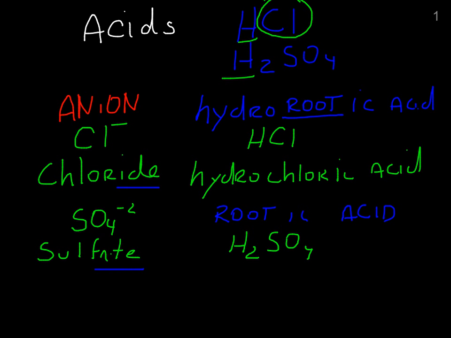It took two hydrogens because the sulfate ion is a negative two and each hydrogen is a positive one, so it will take two. So when I go to name this, this is just going to be sulfuric acid: the root, ic acid. So ATE becomes ic acid, IDE becomes hydro-ic acid.